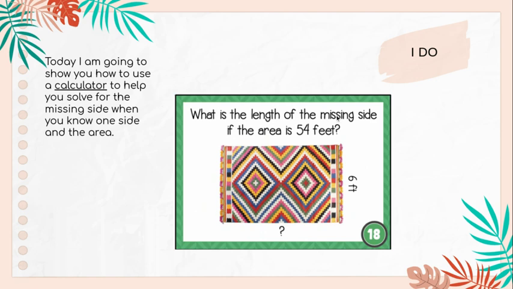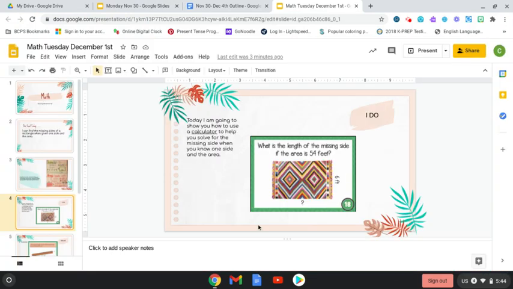It says, what is the length of the missing side if the area is 54 square feet? When I see that, what happens in my mind is I'm picturing an equation.